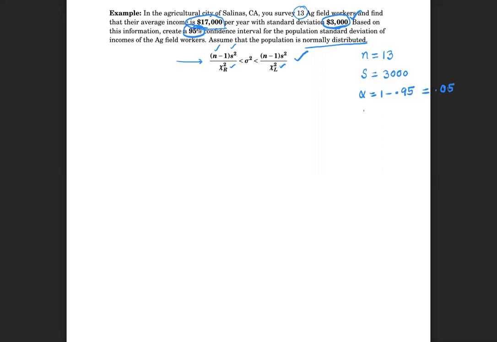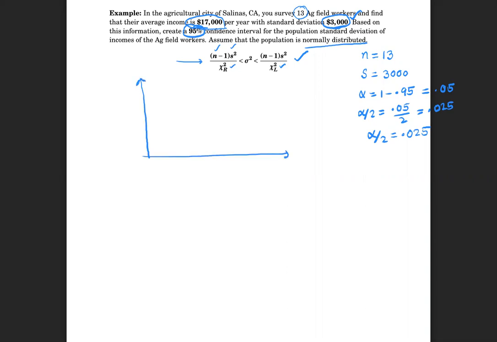So alpha over 2 is 0.05 over 2, which is 0.025. If we were to draw the chi-square distribution, remember the chi-square distribution is stretched to the right.